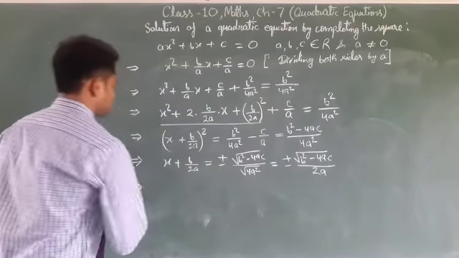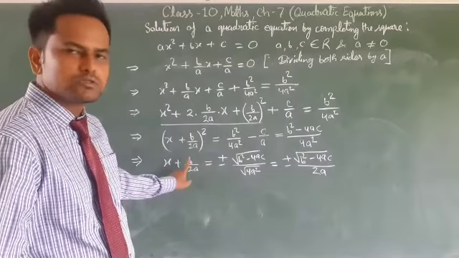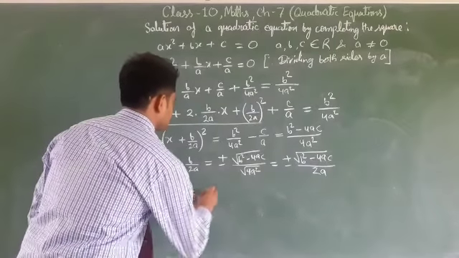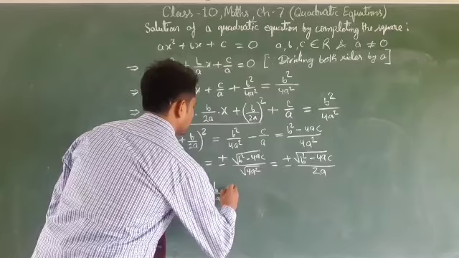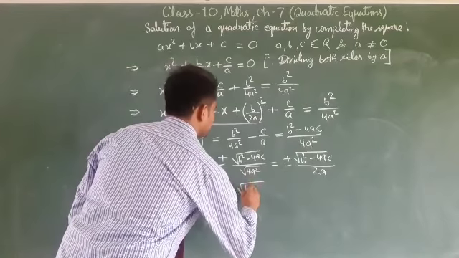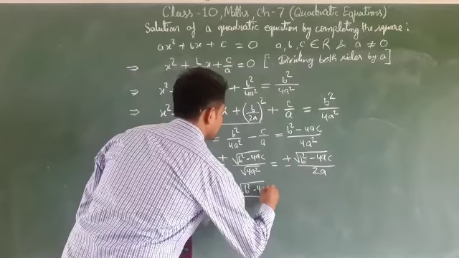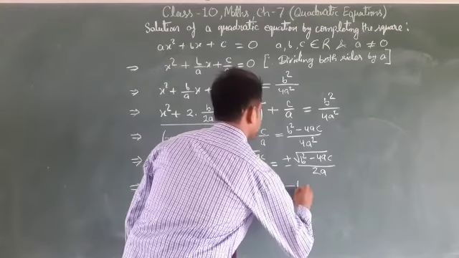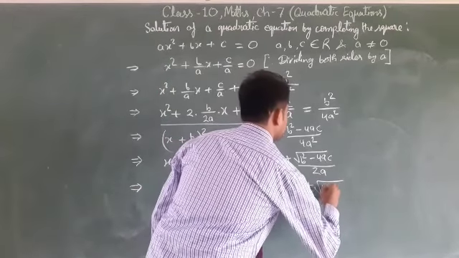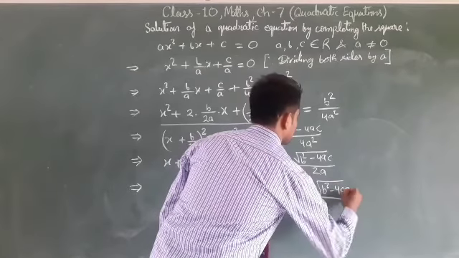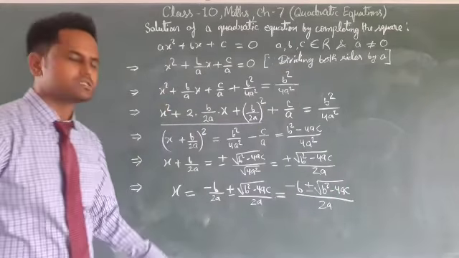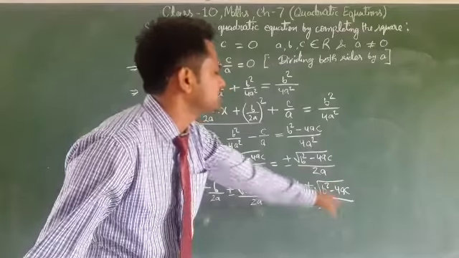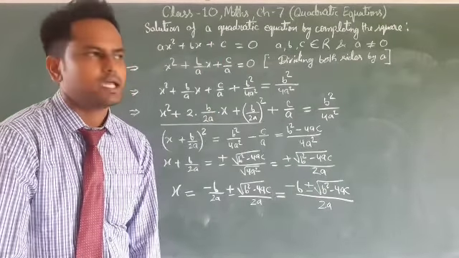Here, transpose the term b by 2a to the right hand side, then x is equal to minus b by 2a plus minus root b square minus 4ac upon 2a, and this will become minus b plus minus root b square minus 4ac upon 2a. That is the value of x. x is equal to minus b plus minus root b square minus 4ac upon 2a.